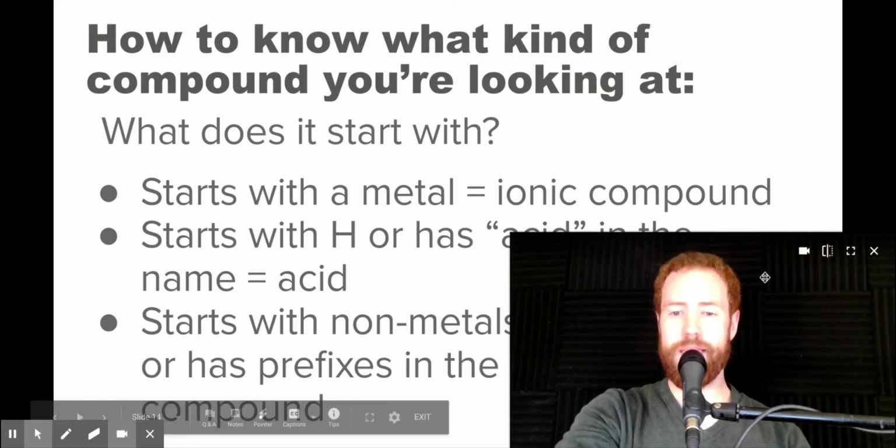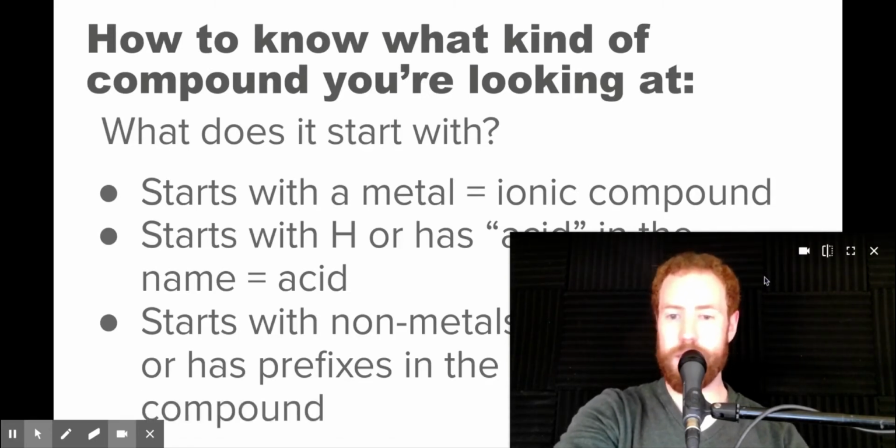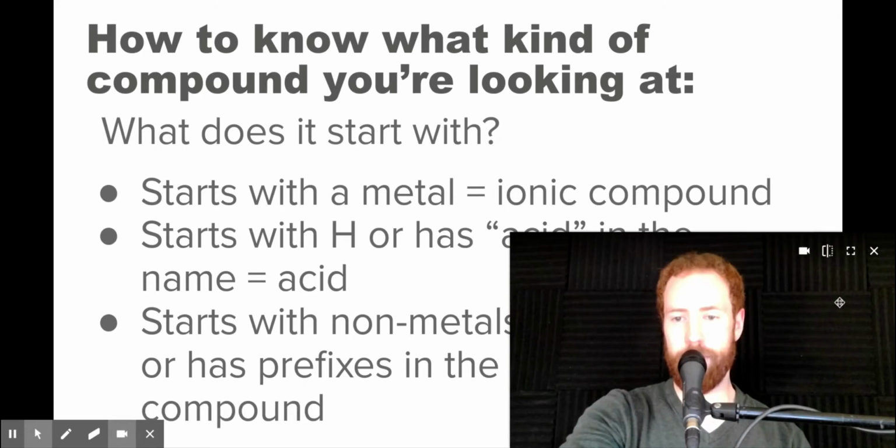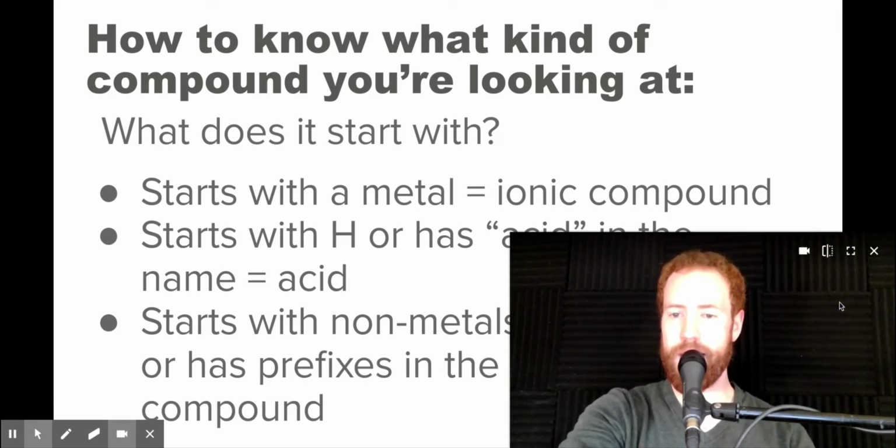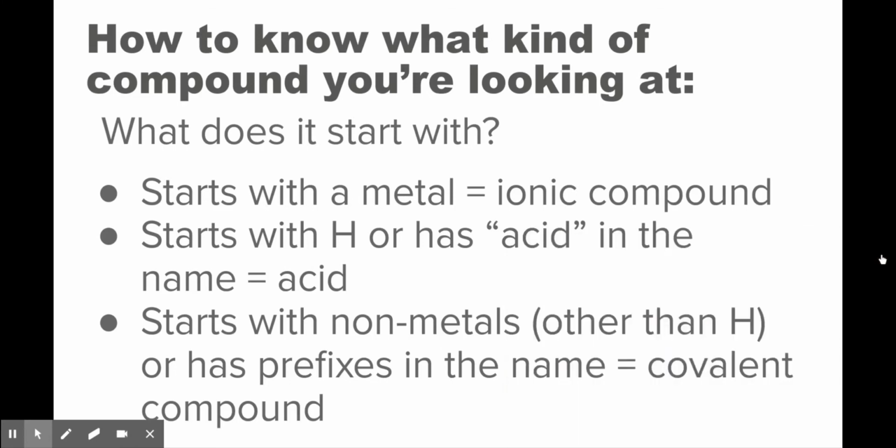Now, one of the biggest things that everybody struggles with is when you look at some compound written on a piece of paper or on the side of a bottle, how do you know what kind of compound it is and therefore what rules to follow? So here is my advice. Look at the first thing in the compound. Look at what it starts with. If that compound starts with a metal, you're dealing with an ionic compound.